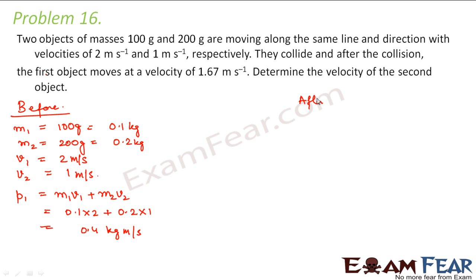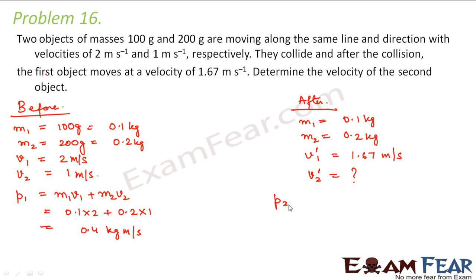Now let us look at what happens after collision. Now it says they collide, and after collision the first object moves at a velocity of 1.67 meter per second. Now masses will remain the same. There is no change in mass. m1 is 0.1 kg, m2 is 0.2 kg. v1 dash is given as 1.67 meter per second. v2 dash is something which we have to calculate.